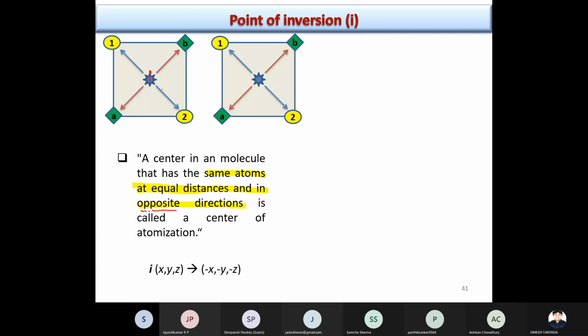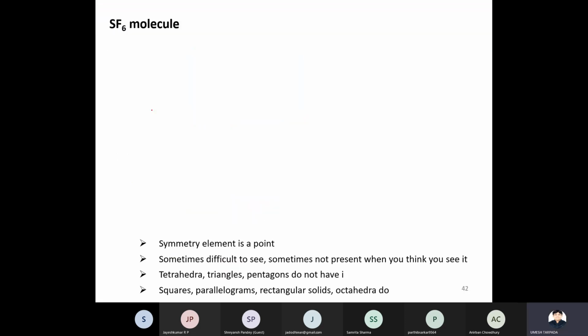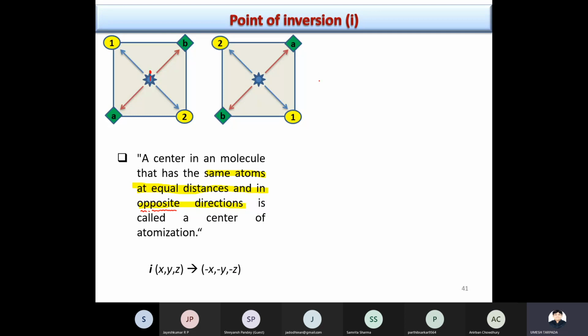Look here, 1 and 2 are in opposite direction, so they can change their position at the same time. A and B can change their position. So we have applied the point of inversion I process. And the condition is that you should get either the same structure or an equivalent structure. So this is what we call a molecule having point of inversion I.